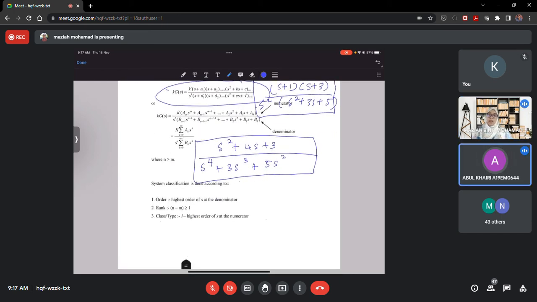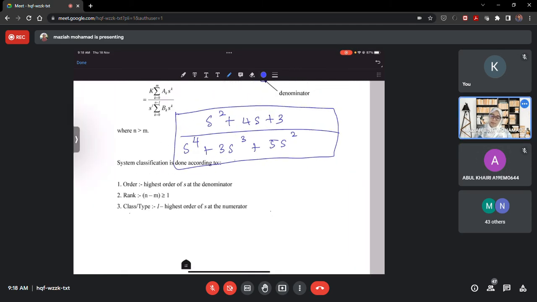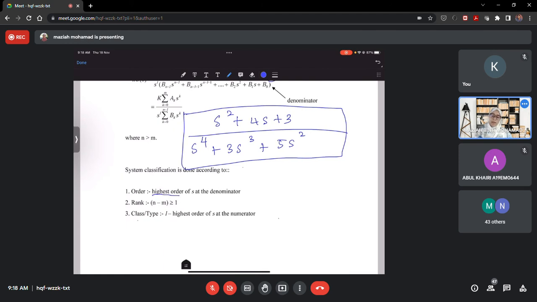There are 3 types of classification. The first one is based on order, where order is the highest order of S at the denominator. Meaning we look at the denominator and determine the highest order there.